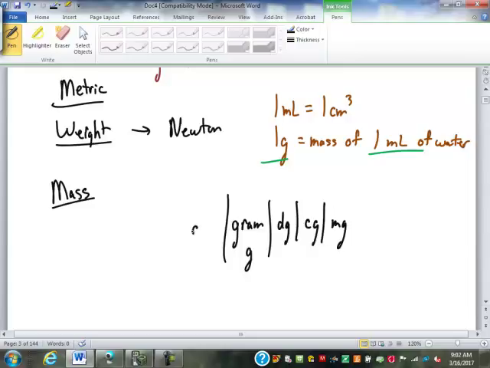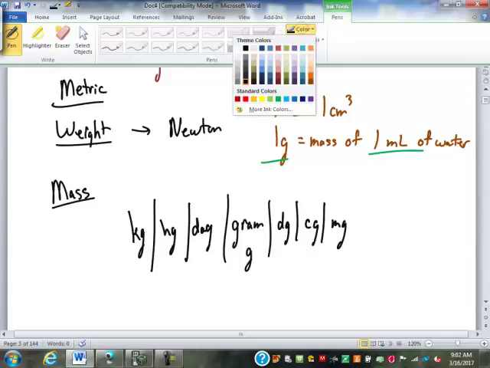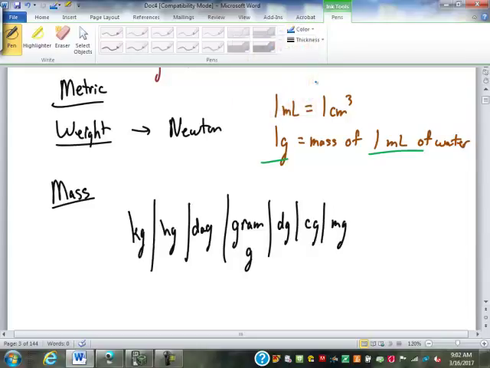Larger than grams, there's decagram, hectogram, and Nate's favorite, kilogram. And as we mentioned before, we tend to use grams, milligrams, and kilograms. The other ones tend to not get used much. They designed them all, but in practice it never really got used.